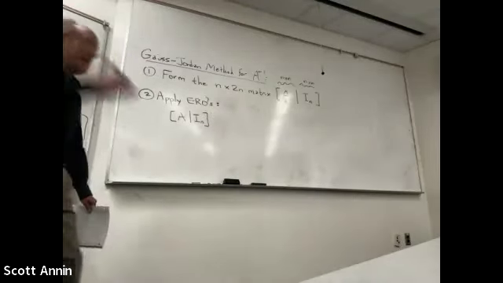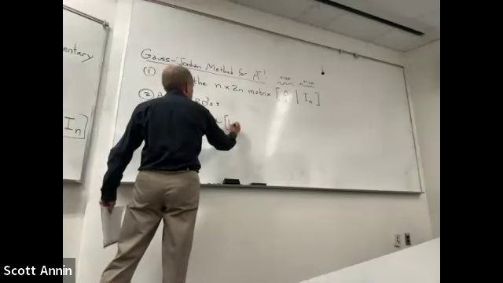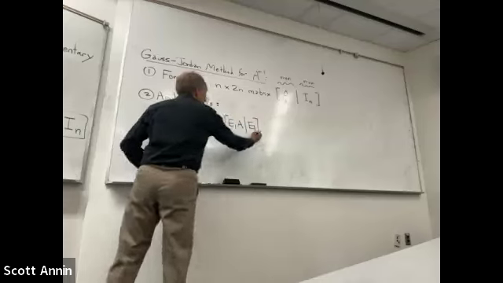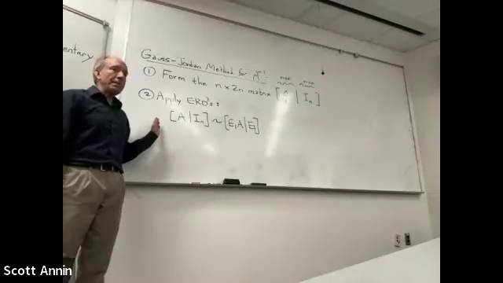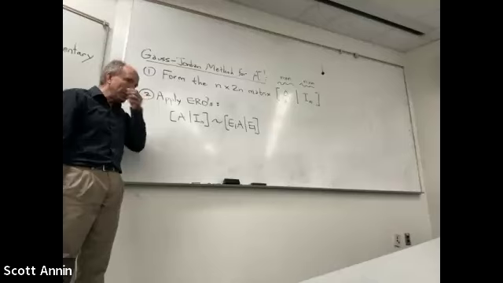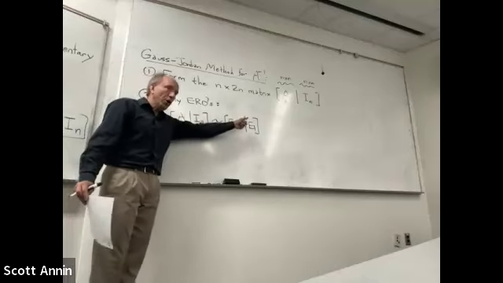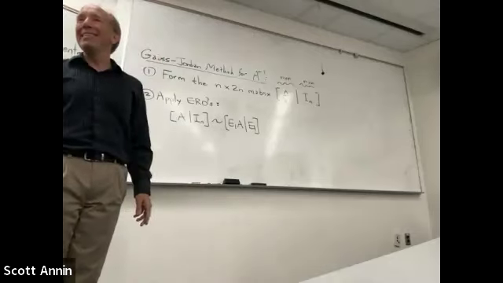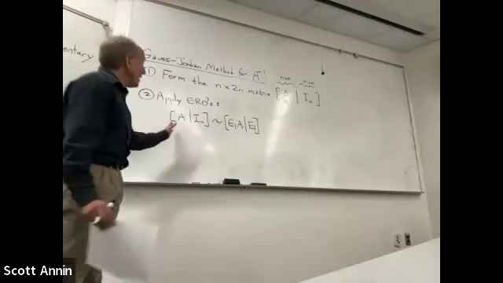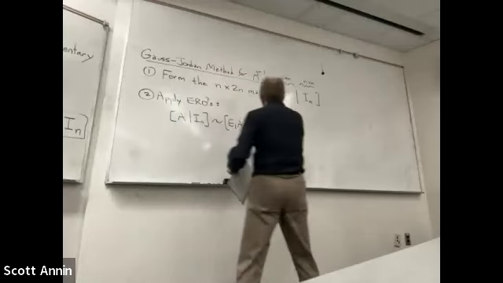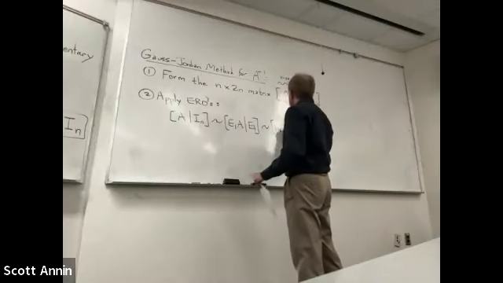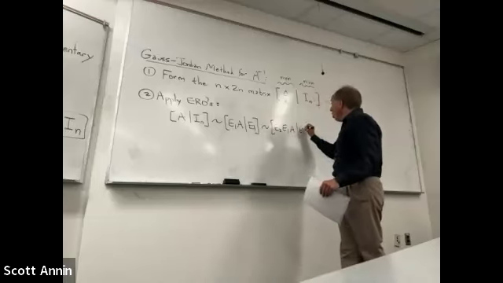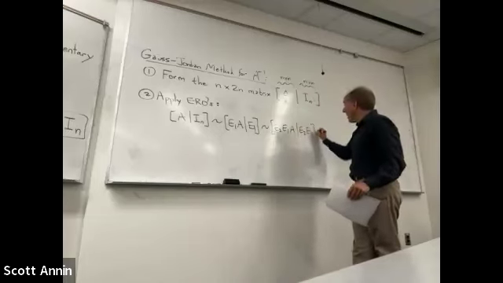When I perform an ERO, what I'm doing is multiplying by an elementary matrix. So the first operation might be E1, an ERO that's being encoded as a matrix multiplication. So that's E1 times A augmented with E1. And then the next one, there's another ERO, let's say E2, so we apply E2 all the way through the entire block.